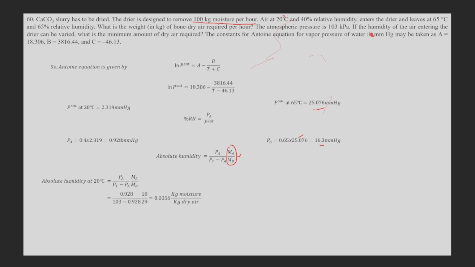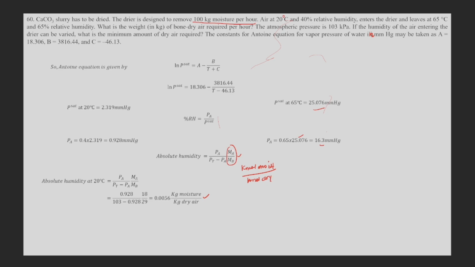So we get 0.0056 kg moisture per kg dry air. Hope you understand how kg dry air will come. When you do not add Ma upon Mb, it will give the unit of kilomole moisture per kilomole dry air.